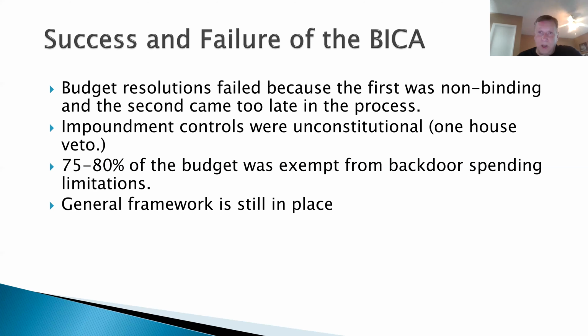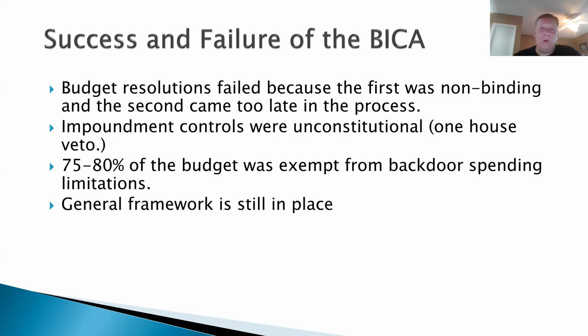Well, the Constitution is pretty clear on that. If the president vetoes something, it's got to be overridden by a 2/3 vote of both the House as well as the Senate. A one-house veto was declared to be unconstitutional. So the impoundment controls didn't work at all because they violated the Constitution. And it's not unusual for Congress every now and then to pass a law that is not in accordance with constitutional principles.